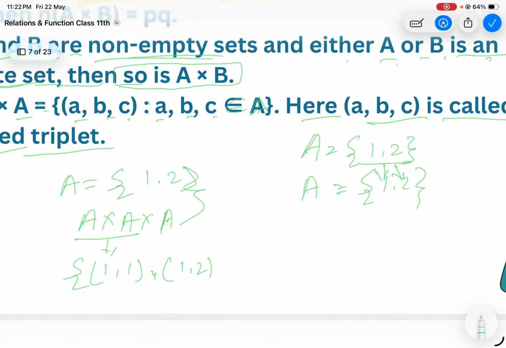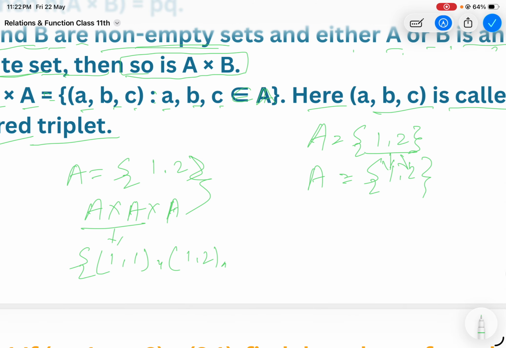Now we will take with 2: 2 comma 1 and 2 comma 2, right? So we have found out A into A. Now if we multiply this with {1, 2}, what will be the ordered triplets?